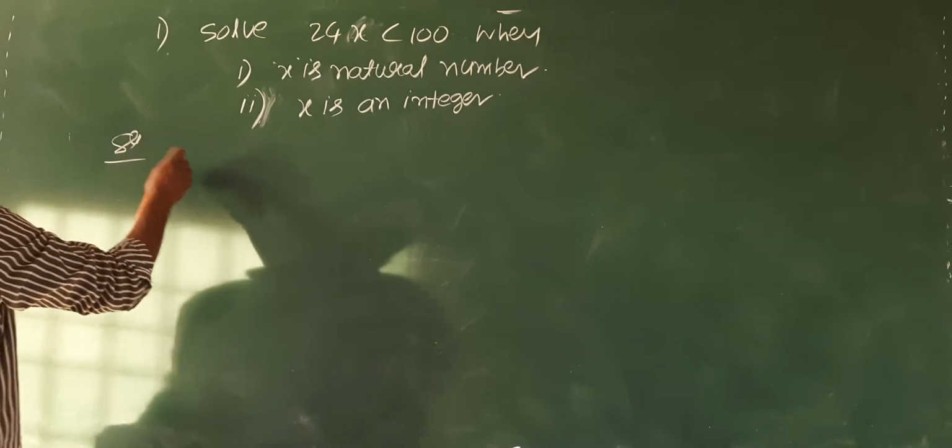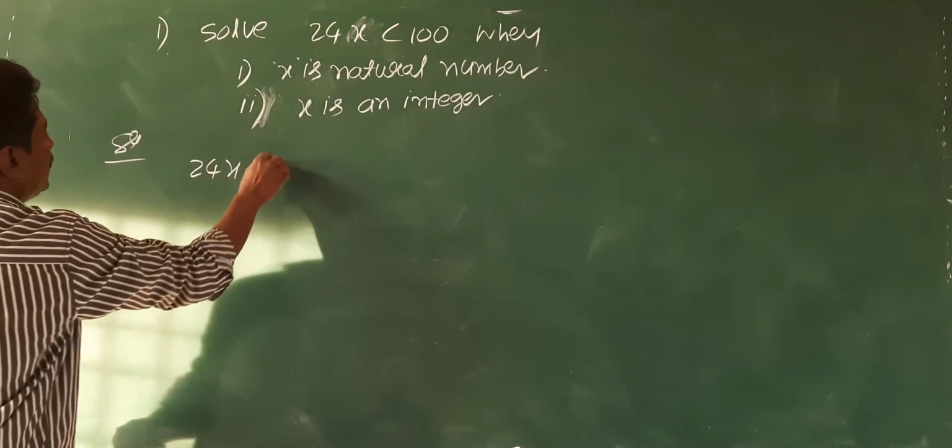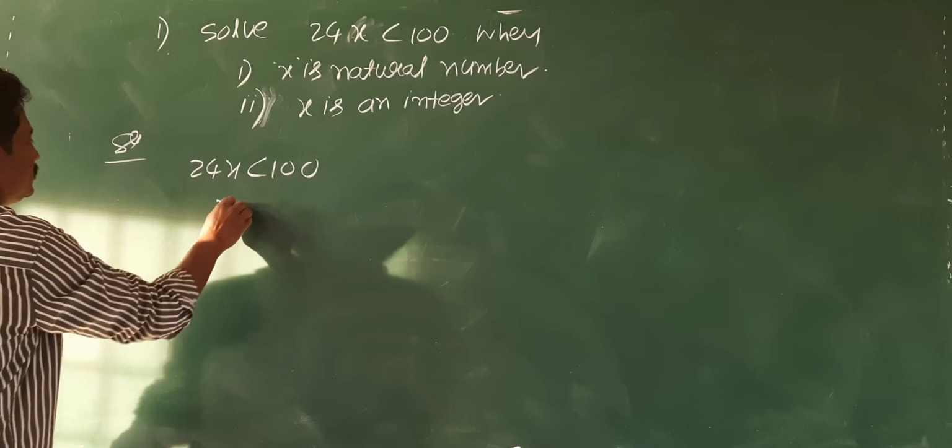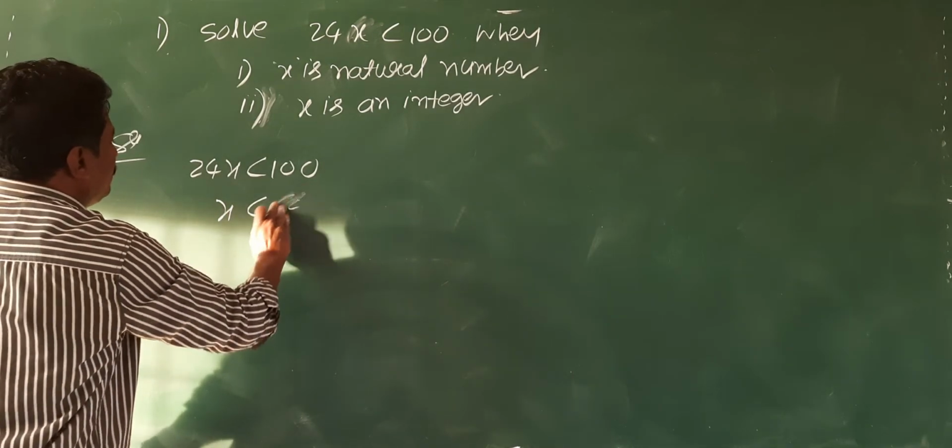Solution. So 24x less than 100. So x less than 100 by 24.